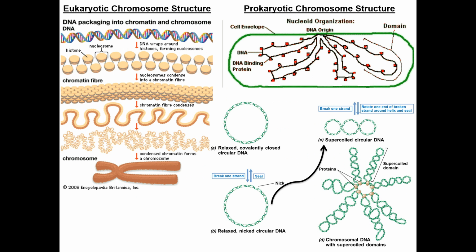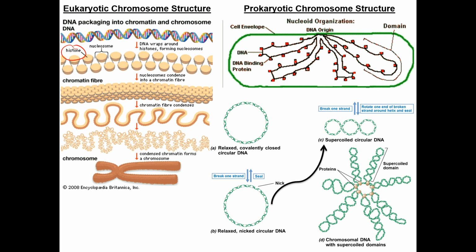So looking at the structure of chromosomes, in terms of comparing prokaryotic and eukaryotic chromosome structure. Eukaryotic chromosomes are going to be linear. They're helical in nature, and you usually have more than one chromosome. Your DNA wraps around proteins called histone proteins.